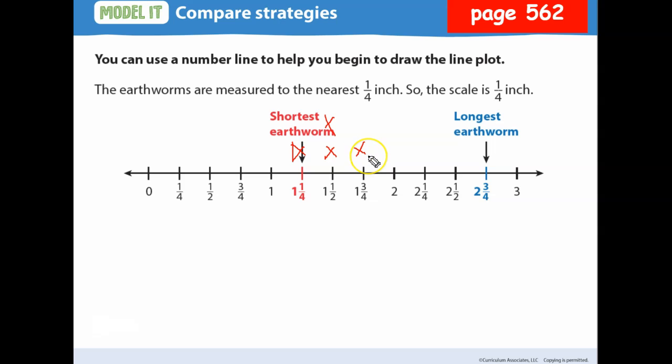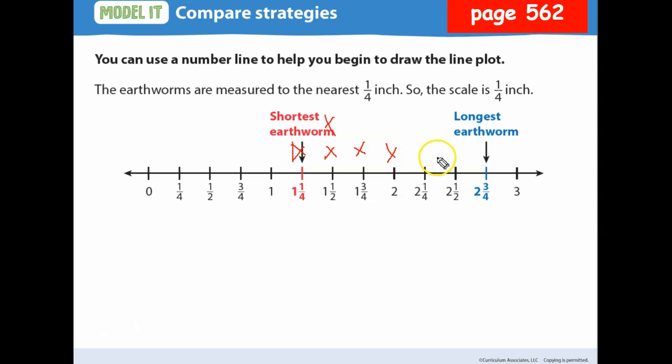How many have 2 inches? How many worms are 2 inches long, guys? Look at your chart. How many? 1. Look at your chart.